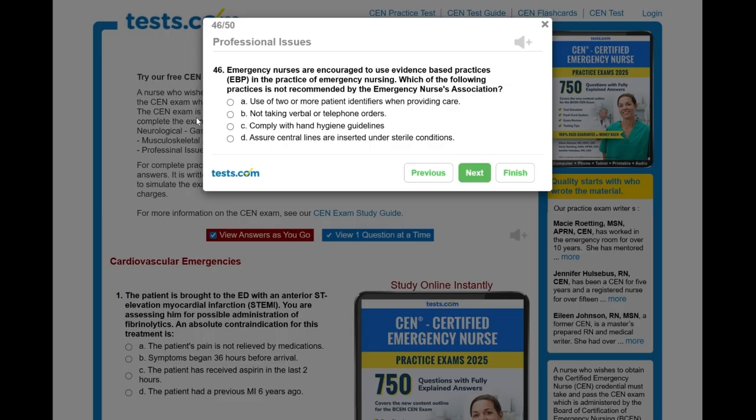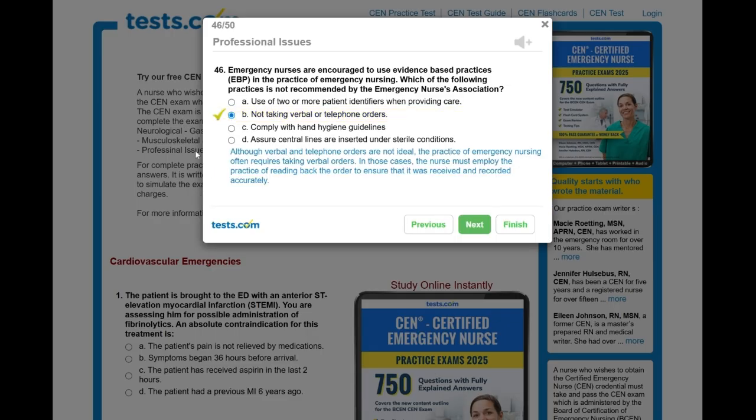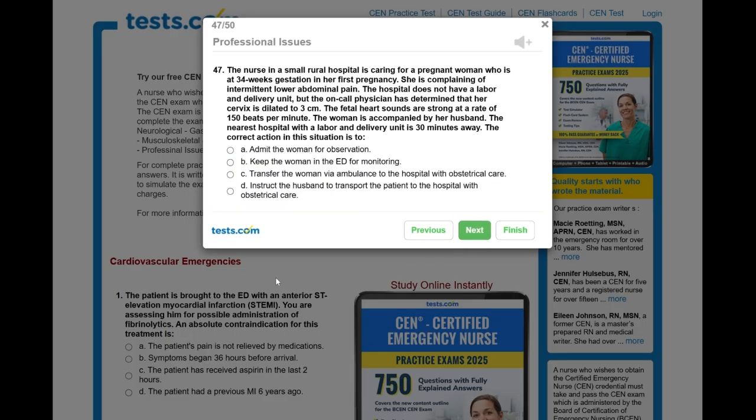D. Assure central lines are inserted under sterile conditions. B. Not taking verbal or telephone orders. Although verbal and telephone orders are not ideal, the practice of emergency nursing often requires taking verbal orders. In those cases, the nurse must employ the practice of reading back the order to ensure that it was received and recorded accurately.